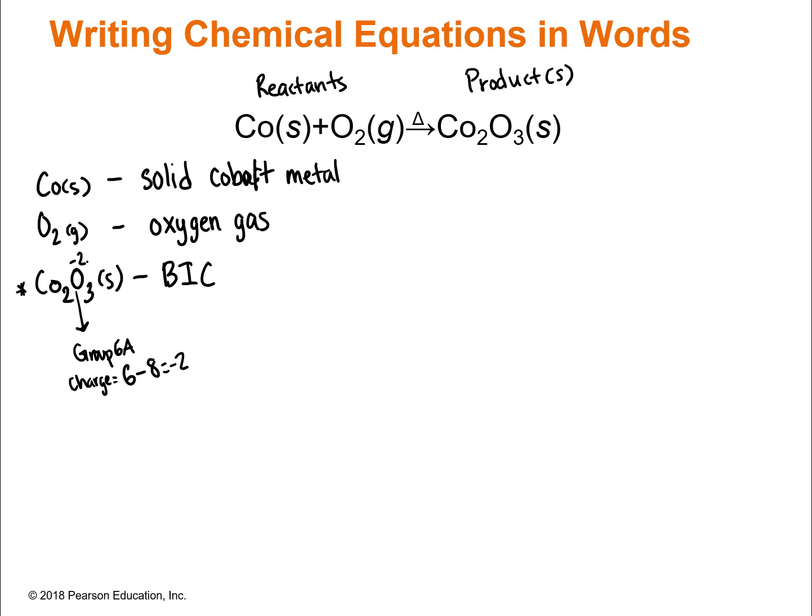So each oxide ion has a -2 charge. There are 3 of them, so that means we've got a total negative charge of -6. We've got 2 cobalt atoms, or ions, and that 2 times something has to give us a +6 for us to have a neutral compound. So the charge for cobalt must be 3 plus.